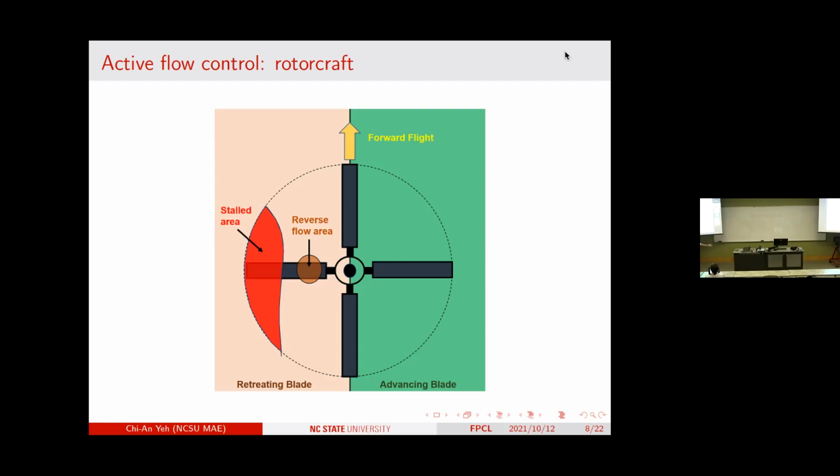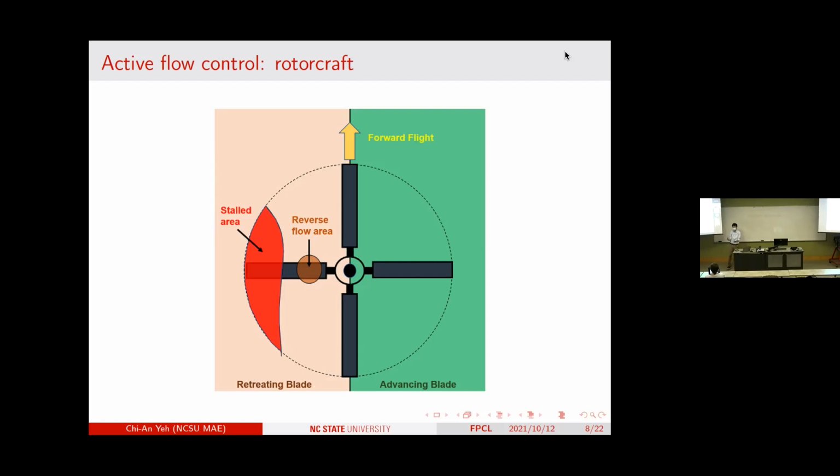Otherwise, if you don't do that, you have higher lift on one side and lower lift on the other, so your helicopter just kind of rolls over. That's why they introduce this dynamic pitching, right? Yes, this has been around for about 30, 40 years, but it's still going on. And this actually causes a lot of structural challenges to the design as well.